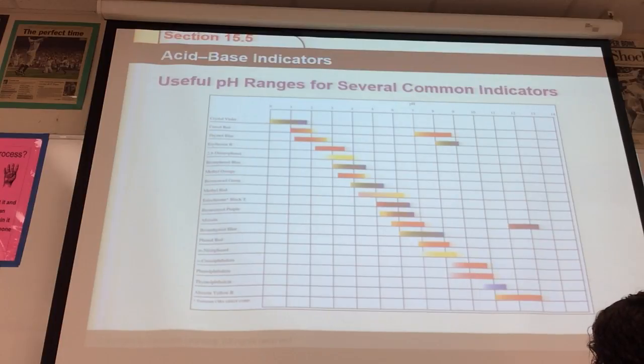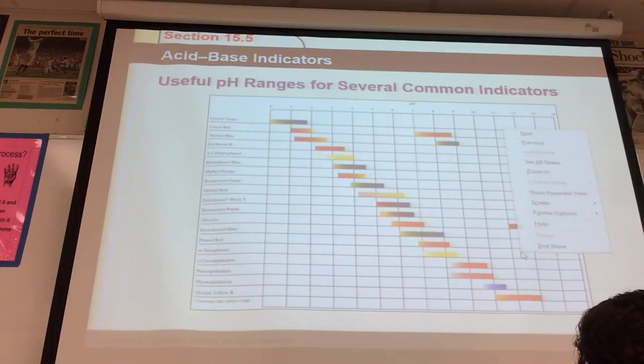So the indicator that I'm going to select is probably going to be methyl red, because that indicator undergoes a color change. Its pKa is closest to the pH at the equivalence point of the titration, or you can indicate that its range encompasses the pH at the equivalence point.